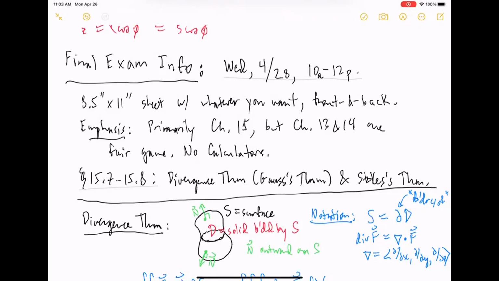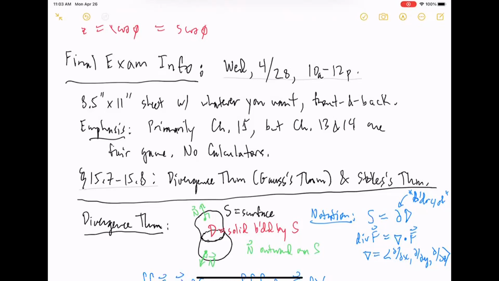Now remember, we went through this nutshell description of what we've done this semester. Chapter 13 was primarily an introduction to multivariate functions, graphing of surfaces, and differentiation of multivariate functions, things like tangent planes.